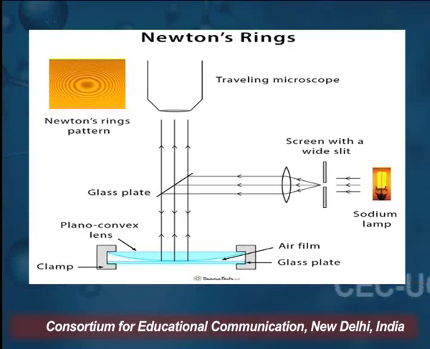From here light will be partially reflected from the lower part of the plano-convex lens and the upper part of the glass plate, and on the left hand side the Newton's ring pattern we are seeing. This pattern we will get from this experiment. These are the concentric circular rings. So this is the method to find out the Newton's ring.